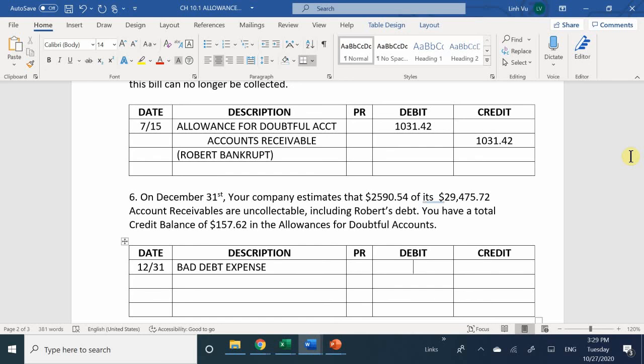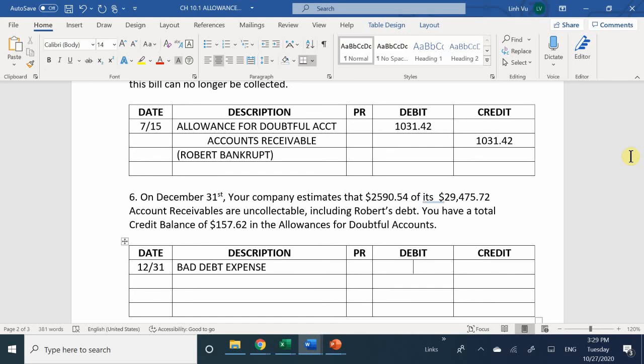The difference of those two amounts was $26,885.18. Okay, so for this one, we do not need to do any calculation just yet, because this is just saying out of this amount, this is how much we're not going to be able to collect. There's no calculation there that you need to do.